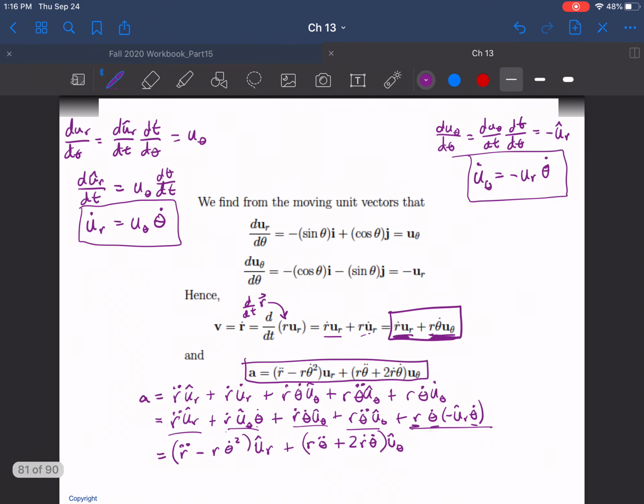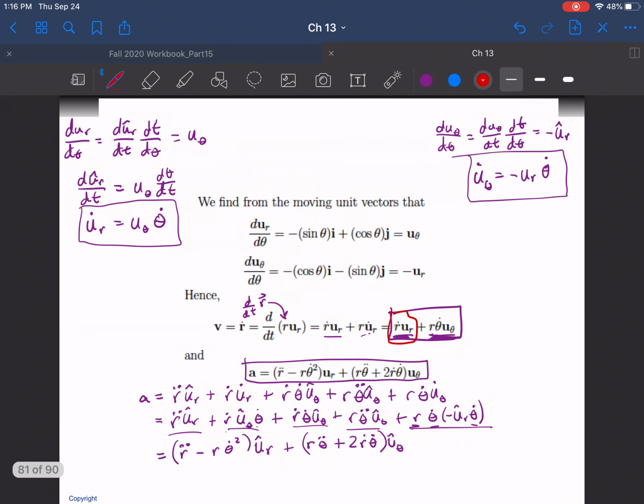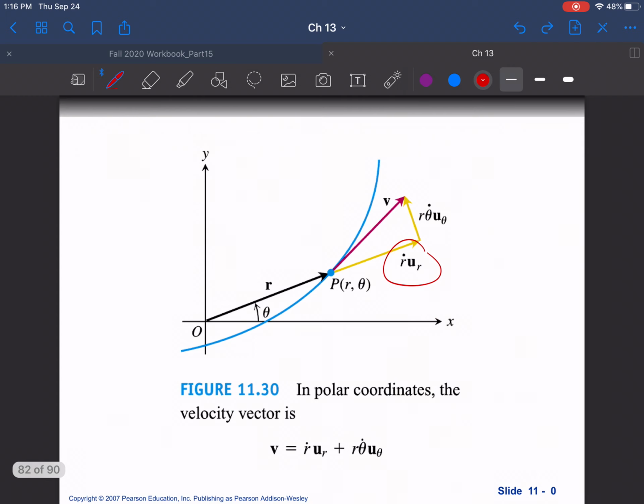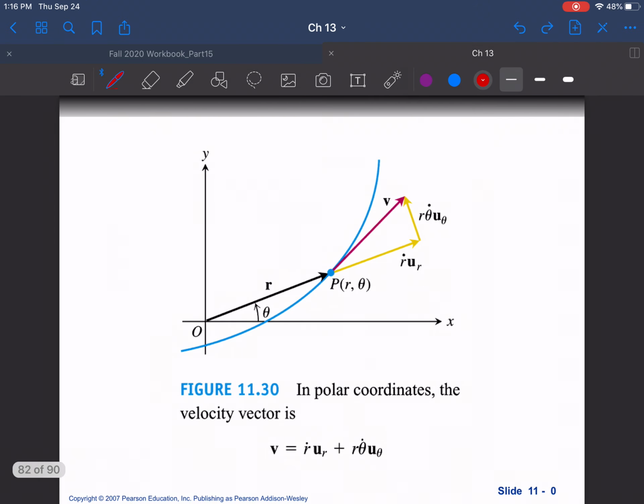Sorry, I guess you can't see me pointing at it. The r dot ur right there, and then the r theta dot u theta is that one right there. Okay, I don't want to leave all those circles on there, so let me get rid of those. Okay, and in polar coordinates, then the velocity vector just becomes the sum of those two, because those are defining our directions of motion.